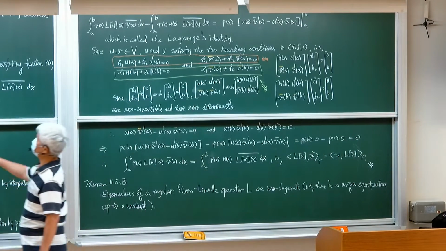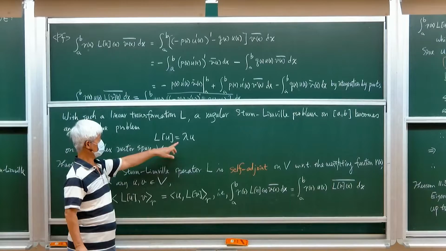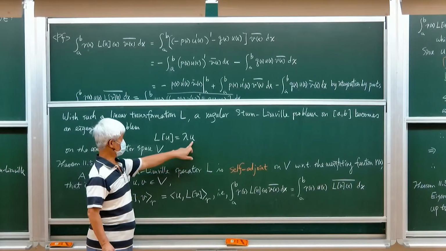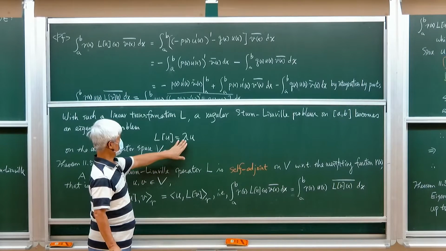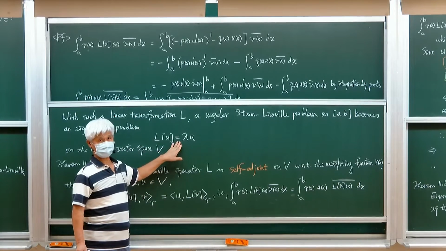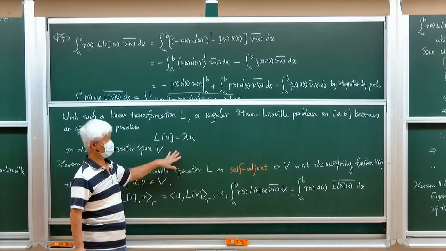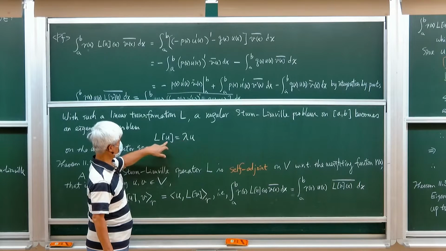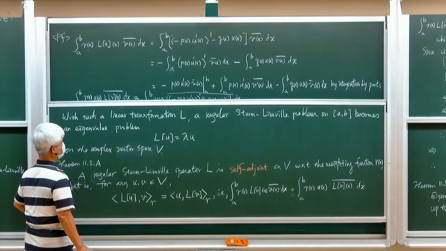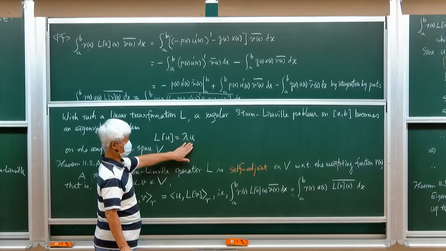So, which says that if lambda is an eigenvalue, it means that this eigenequation has a non-trivial solution. Because if you put u to be 0, then for any lambda you have a trivial solution, which is 0. No problem with that. But when you have a non-trivial solution, meaning u is not equal to 0, then we have an eigenvalue and corresponding eigenfunctions.